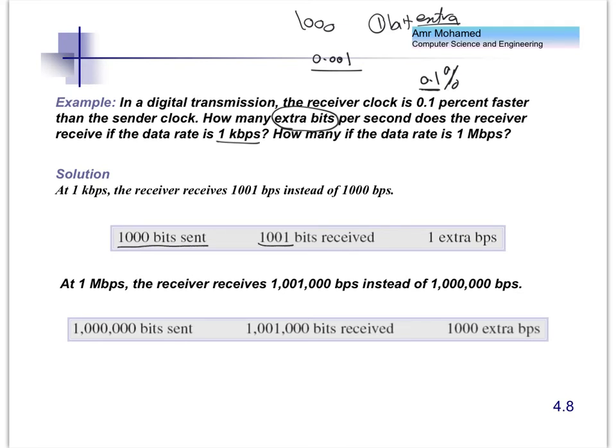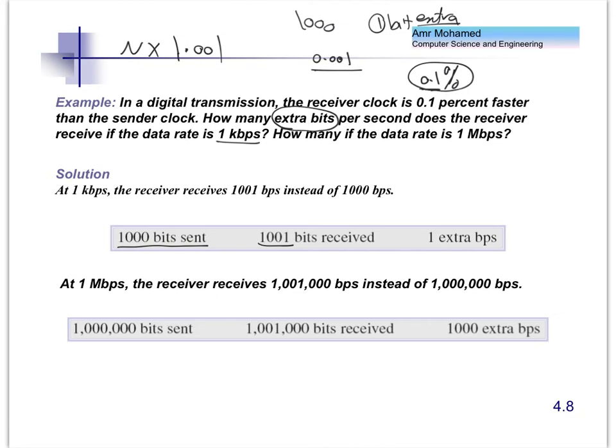So for each 1000 bits, I have 1 extra. Or in other words, you can multiply the number of bits that you send, n, by 1.001 to know how many bits you have. Because this is 0.1%, and 0.1% divided by 100 is 0.001.